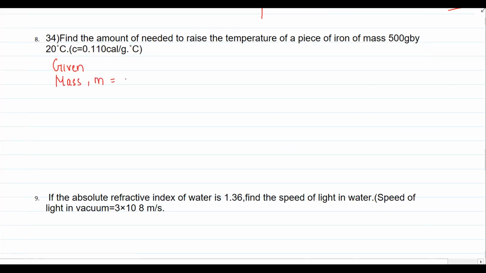Mass M is equal to 500 gram. Delta T is given to increase the temperature by 20 degrees Celsius. That means delta T is equal to 20 degrees Celsius. And then specific heat is given, 0.110 calorie per gram degree Celsius.